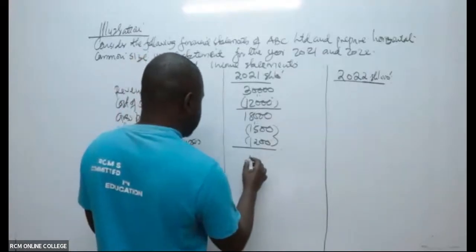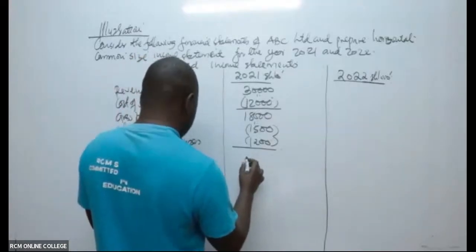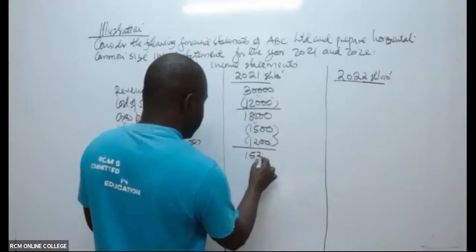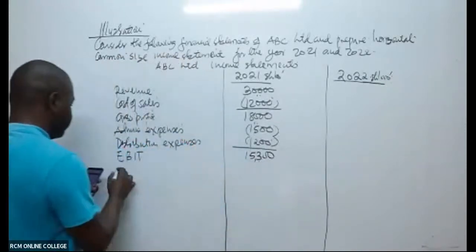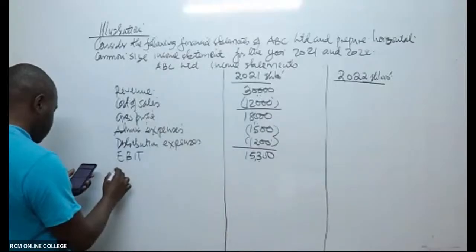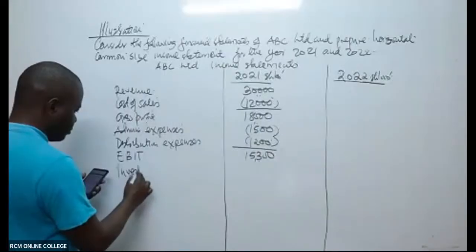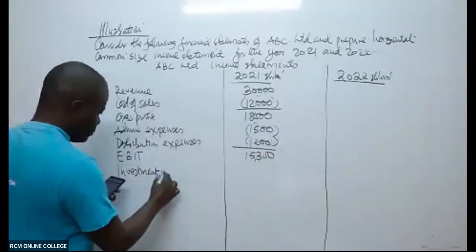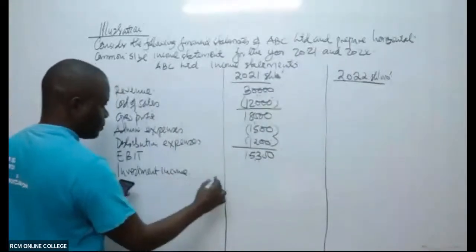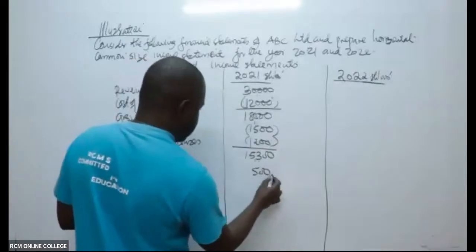I think it's 15,300. Then there is a finance cost or investment, maybe you can say there's an investment income of 500.